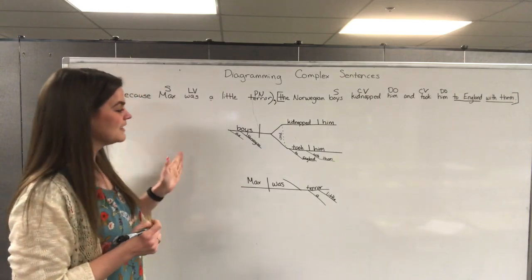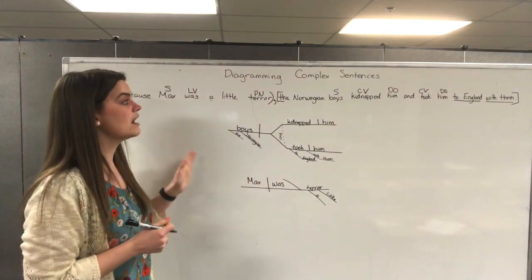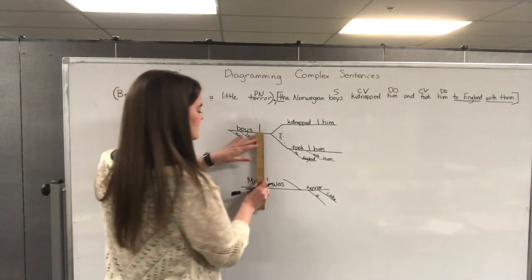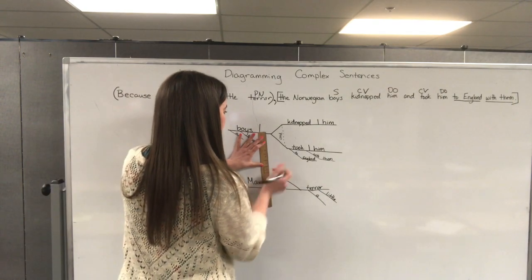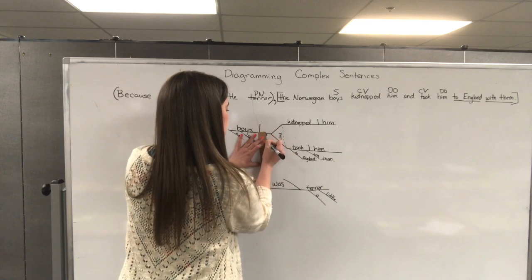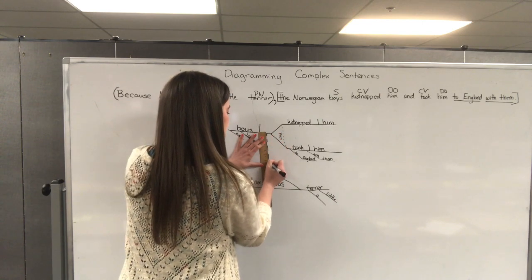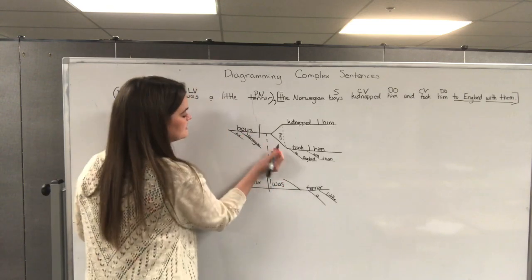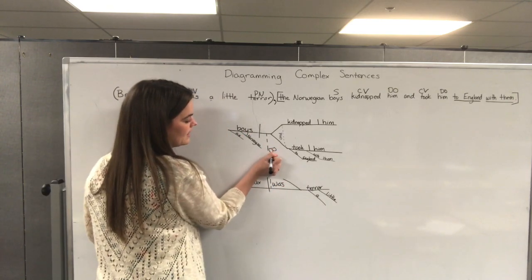So then our because, we're still connecting a complex sentence. So we're going to, again, use our dashed line between our verbs. Dashed line between our verbs with a because.